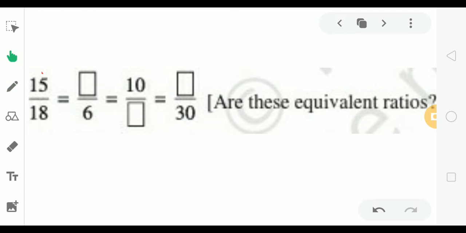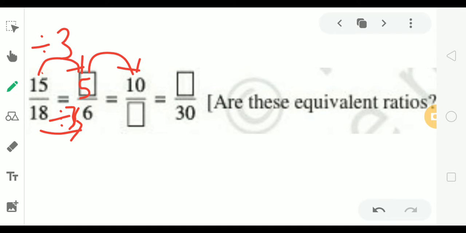Here, the first one, 15/18. 18 became 6 by dividing it by 3. So the numerator also we have to divide by 3. 15 divided by 3 we will get 5. Then here this 5 became 10. How is it becoming 10? Multiplied by 2. So 6 also multiplied by 2. 6 twos are 12. Now we have to compare this 12 to 30.